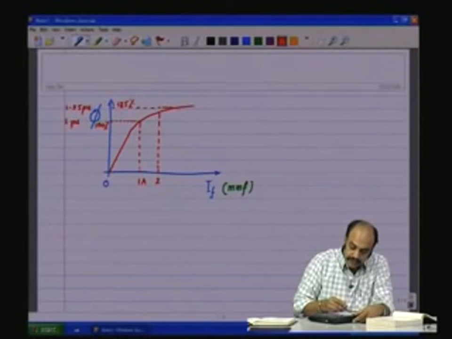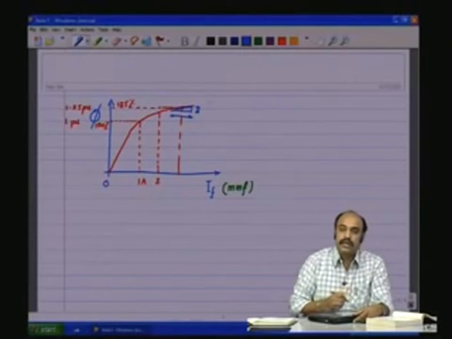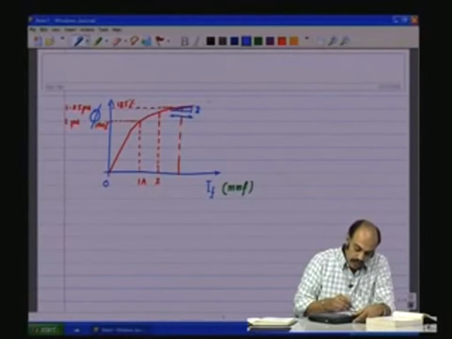As you still further increase the current somewhere here, to produce some change in the flux here, you need a very large change in the current, because the slope here is very small. Then we say that these are the saturation zones.